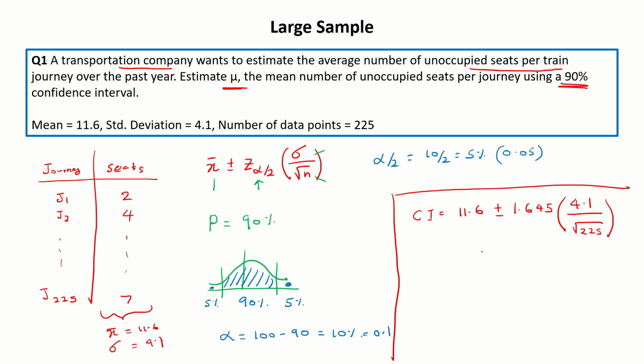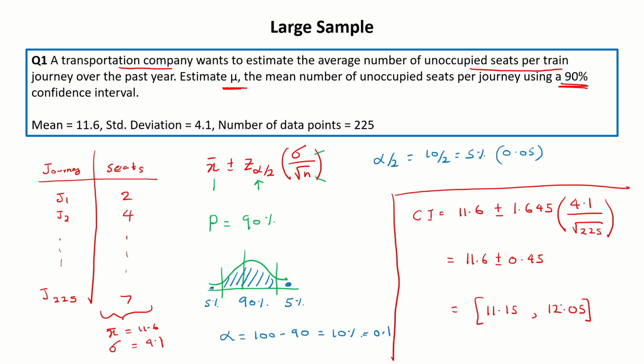If you solve this, you should get 11.6 plus minus 0.45, which leaves me with the interval. The lower bound is 11.6 minus 0.45, which is something like 11.15, and the upper bound is 11.6 plus 0.45, which is 12.05.